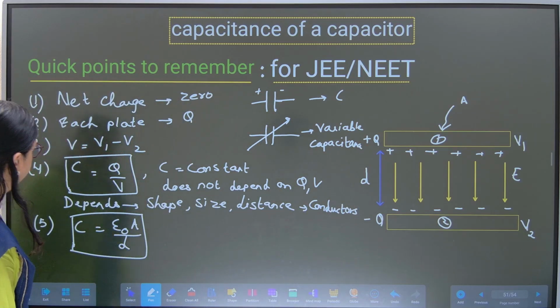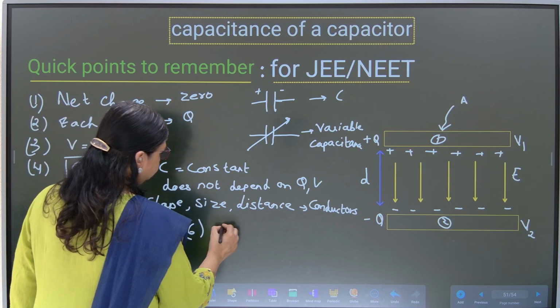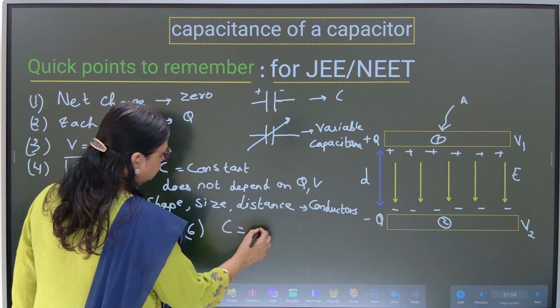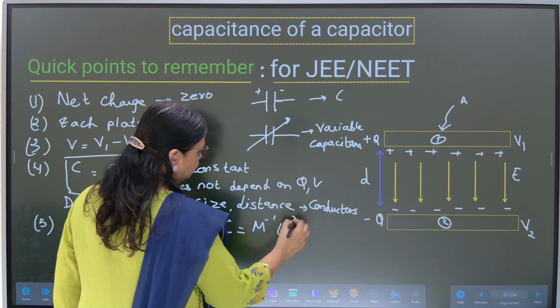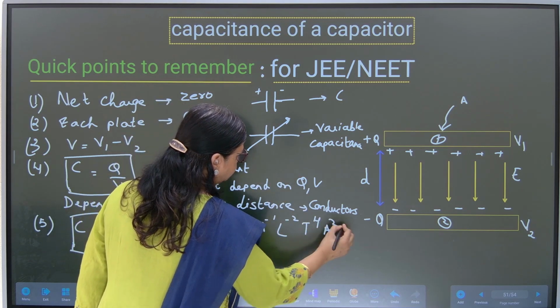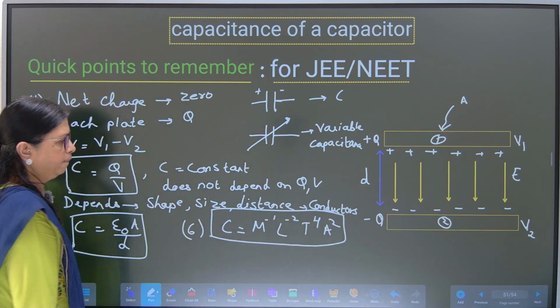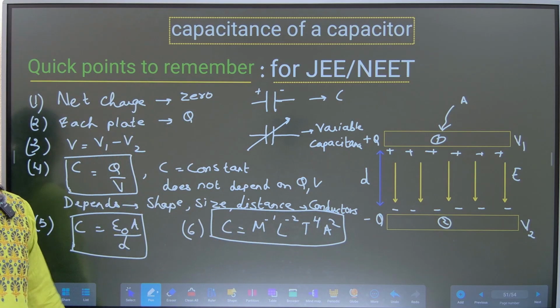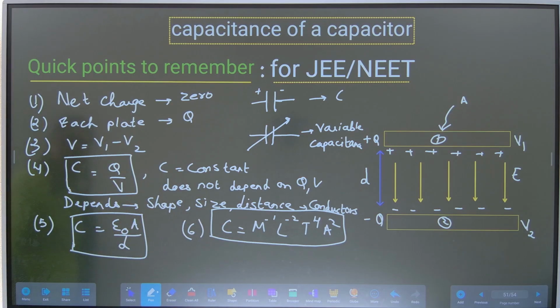Variable C. Dimensional formula: C is equal to M to the power minus 1, L to the power minus 2, T to the power 4 and A to the power 2. This is the dimensional formula of a capacitor's capacitance.